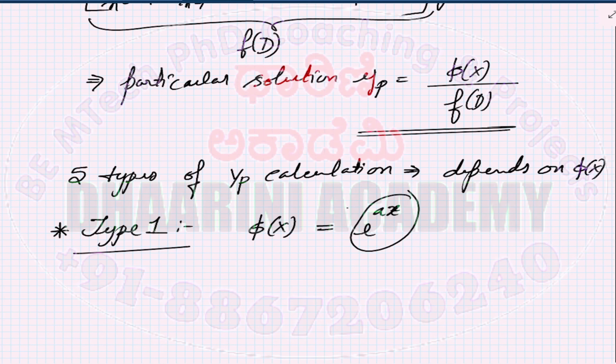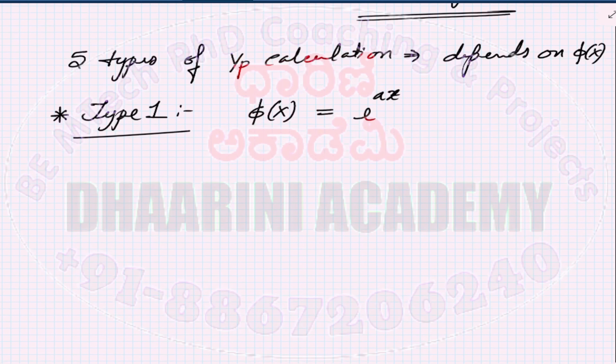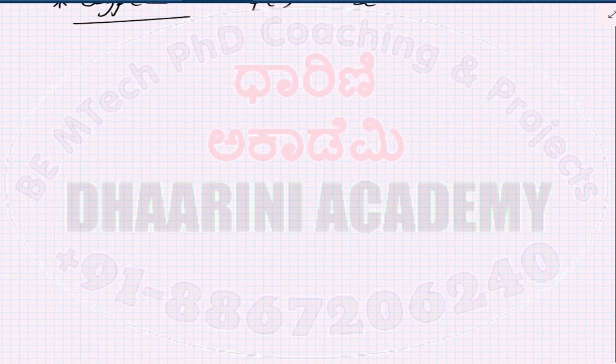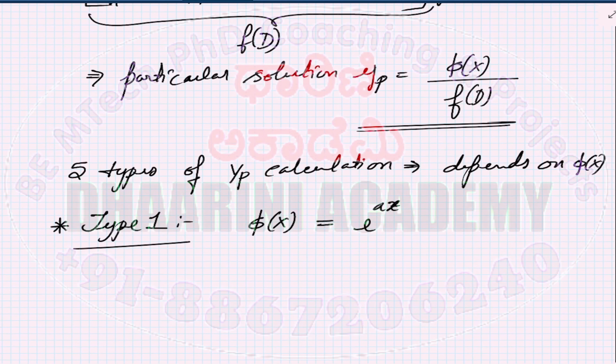So you see that e to the ax will be present on the right hand side of your differential equation. If that is the case, I should understand that this given question belongs to type 1. All right, so let's see the solution of the type 1 question.